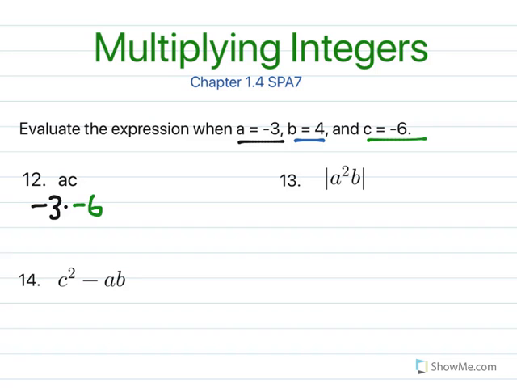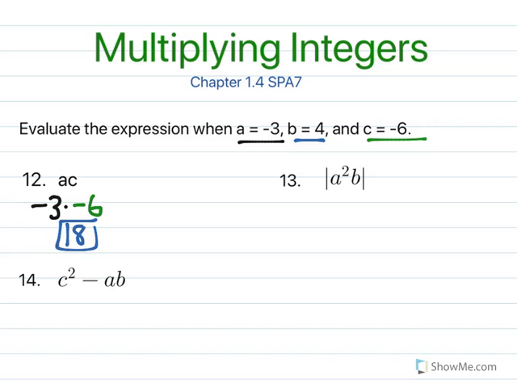And so 3 times 6 is 18, and I have 2 negatives, which is an even amount, so it's a positive answer. Or a negative times a negative is positive. So our answer is positive 18.